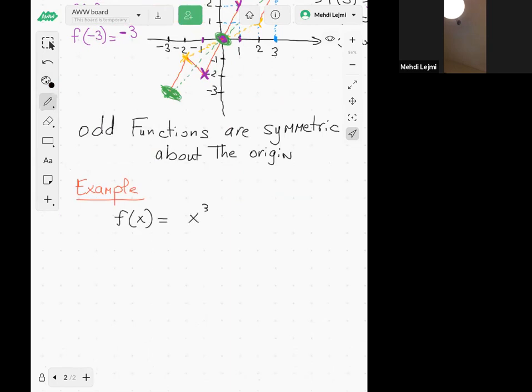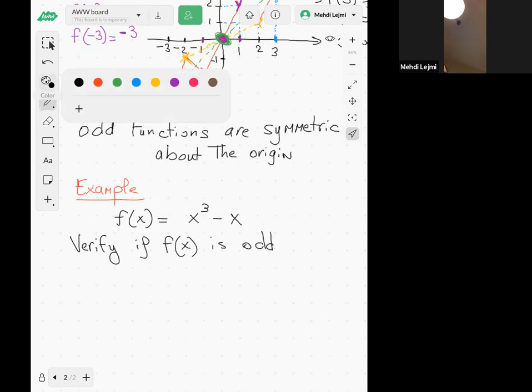It's x cubed minus x. Okay. So we have to check if f of x is odd. Okay.